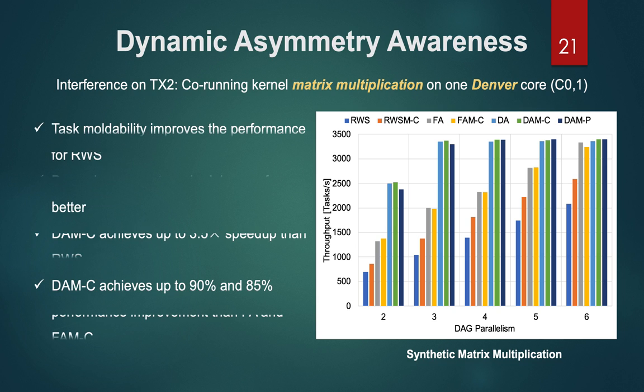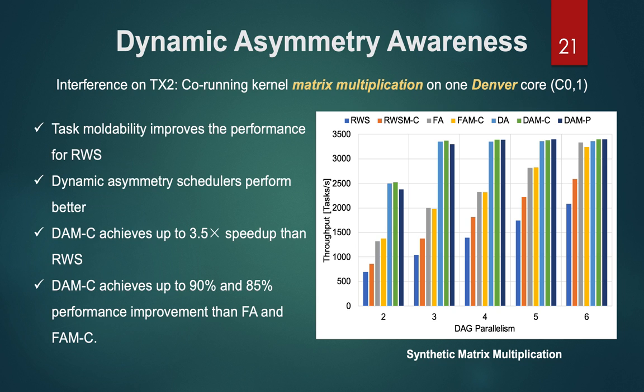When adding the modability to random walk stealing, it improves the performance, while for fixed asymmetry, there seems to be no obvious change. The last 3 bars are the Dynamic Asymmetry Scheduler, and we can see they perform better than the other 2 kinds of schedulers.